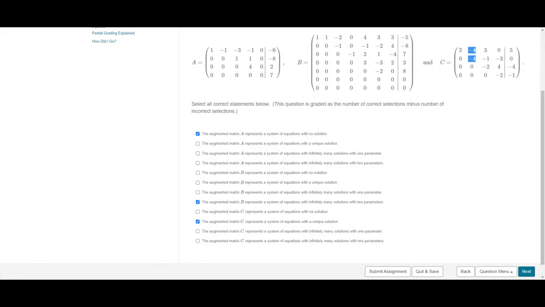This column contains the first non-zero entry of row 2. This column contains the first non-zero entry of row 3. This column contains the first non-zero entry of row 4. So C has a unique solution. Okay. How did we do? So good.